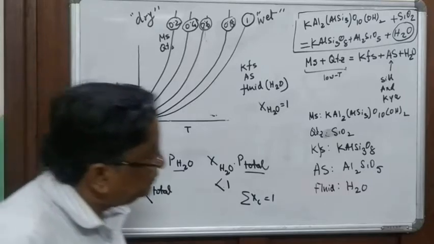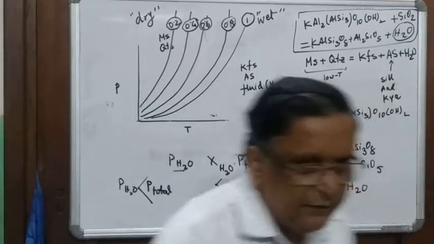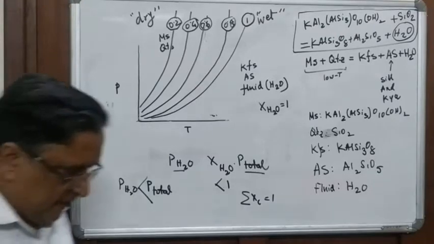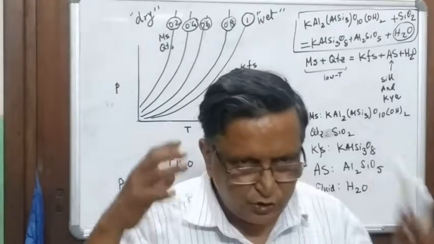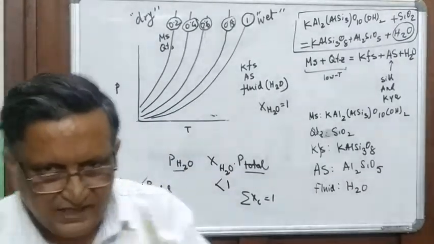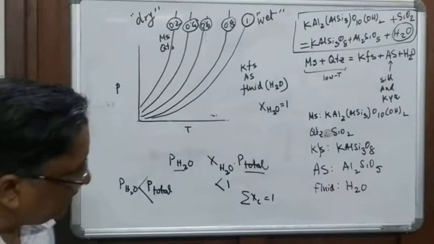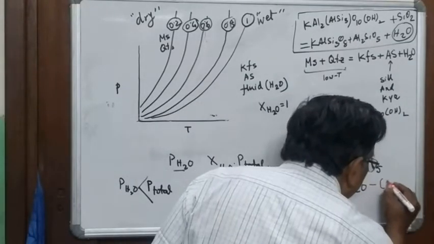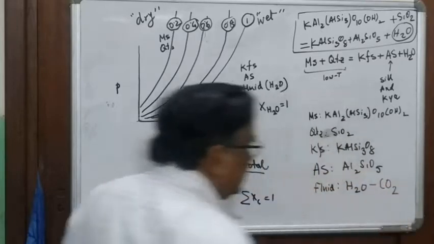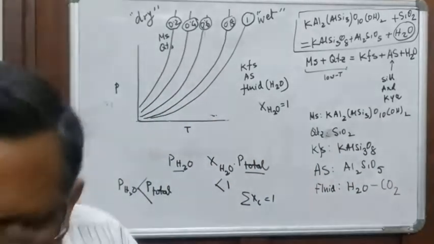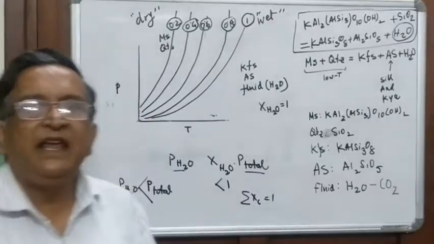Now, I will give you an escape route so that you're not tormented. I will do this with a red pen. Let's say you have a binary fluid. Have you understood? You have a binary fluid.